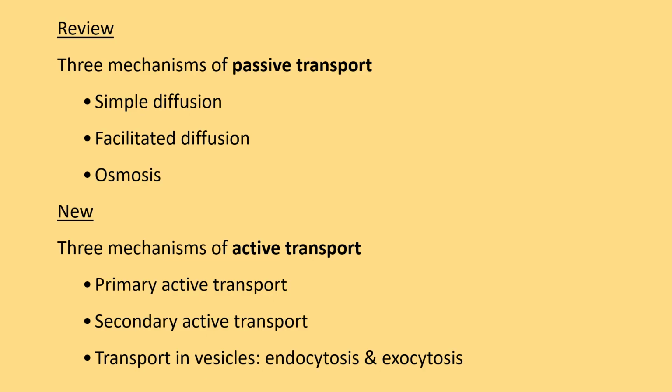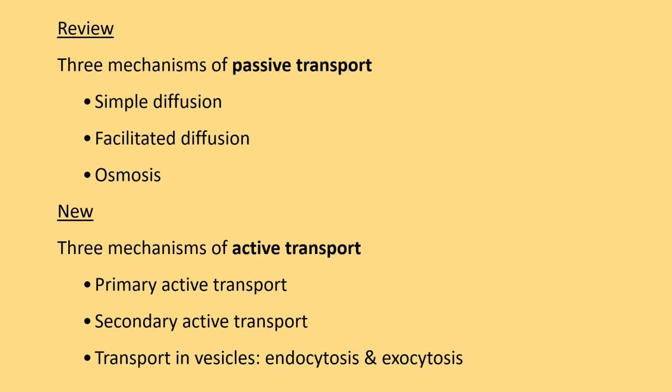It's a good time to take stock of where we are. We are talking about transport mechanisms. Transport mechanisms refers to all the ways in which a particular substance can enter and leave the cell. Our two big categories of transport mechanisms are passive mechanisms and active mechanisms.